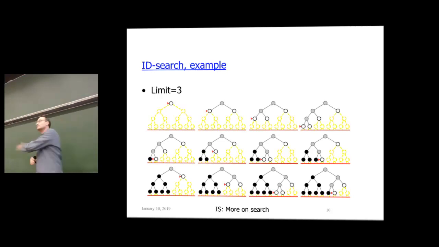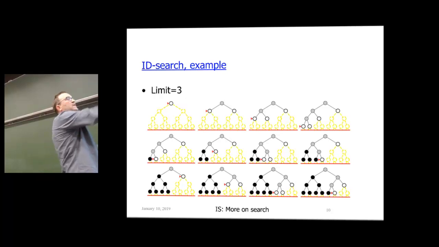And the trick is that we throw away everything, we don't keep anything in memory, we start from scratch and do depth first again. So now we go to the left node, we go to the leftmost successor, to the next successor, up to the depth limit that we are now, which is 3. We don't look any further.